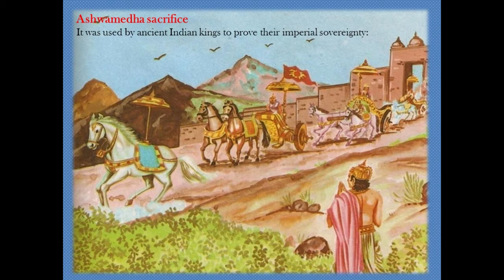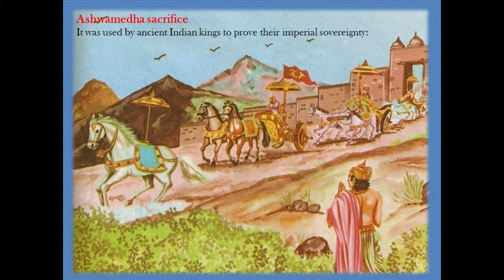Usually the rulers would select a royal horse from the stable, and an epithet or a label was attached to the face of the horse, and this horse was bodyguarded by a number of charioteers and an army. This royal horse carried the label sent by the king, and the horse was allowed to graze on any field of its free will. It could roam around anywhere as it wished.